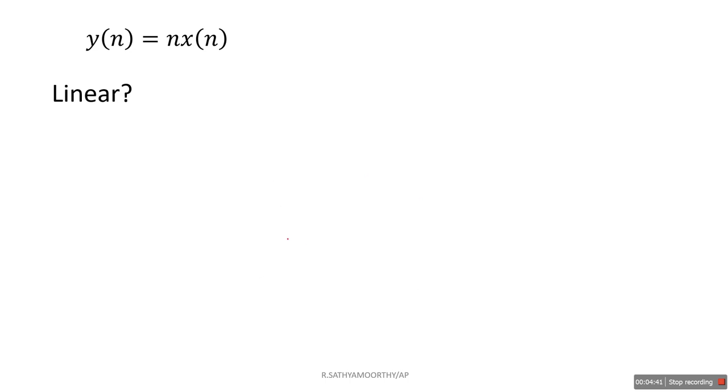Next, we have to calculate whether this is linear or non-linear. First we have to determine the individual responses and then calculate the combined response. Let's say the first input is a1 x1 of n.